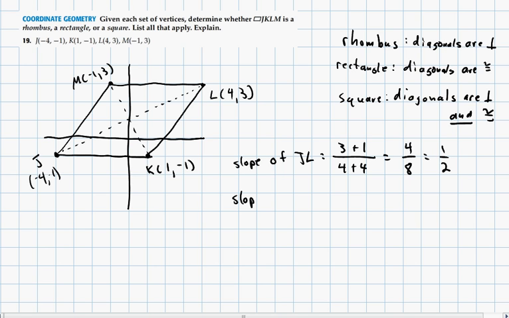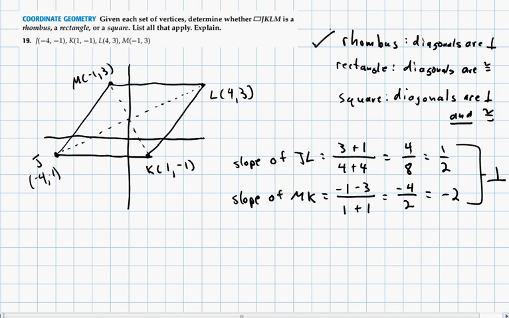If I did the slope of MK, that gives me -1 minus 3 over 1 plus 1. So that's -4 over 2, or -2. Since they're opposite reciprocals, we know that the diagonals are perpendicular. So we know that it's a rhombus right now.